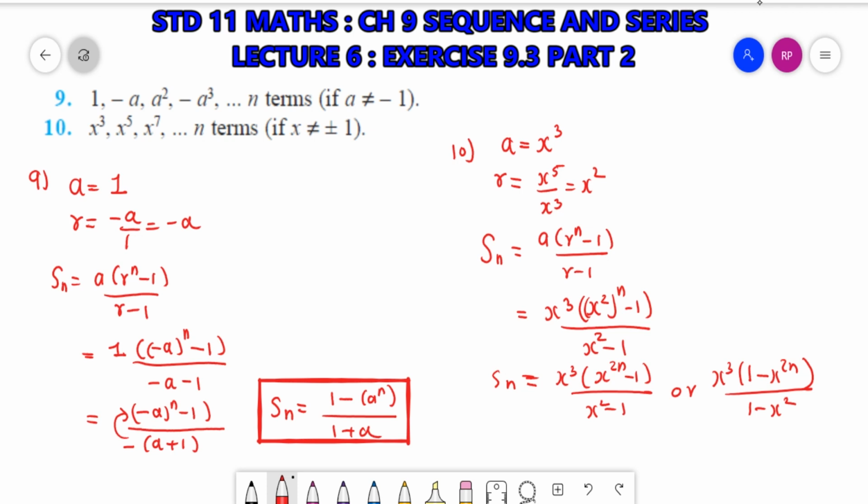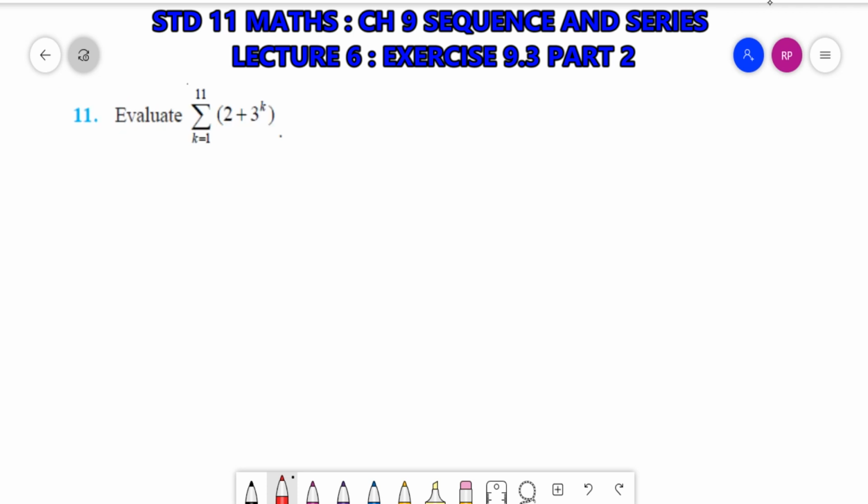Now let's move to the next, that is question number 11. Question number 11. Summation of 2 plus 3 raised to k where k is equal to 1 to 11. Now see how to use it. It's 2 plus 3 raised to k, so first put the value of k as 1.